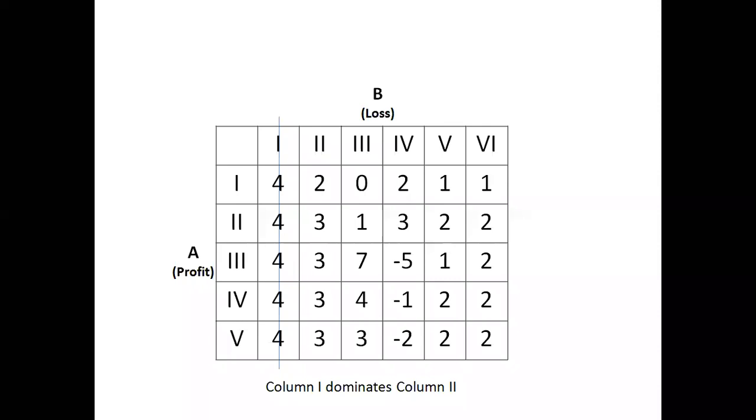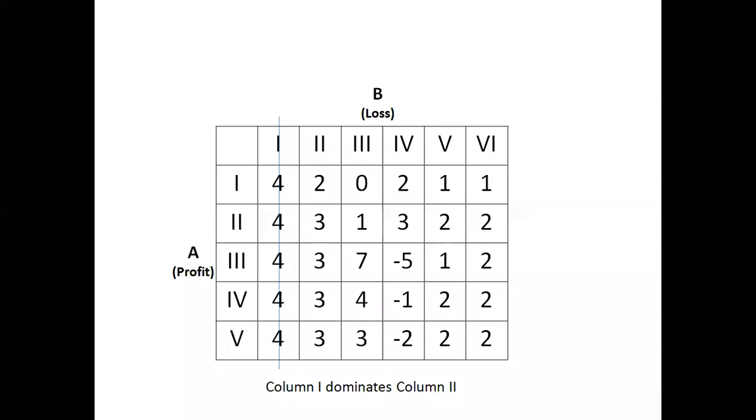It will be reduced to a single row or a single column, which means you will get a fixed strategy for A or B. If a row remains, the strategy for B is to be selected which gives you the minimum value. And if the column remains, then the strategy for A is to be selected which gives you a maximum value. So in that case, you can easily get the value of game.